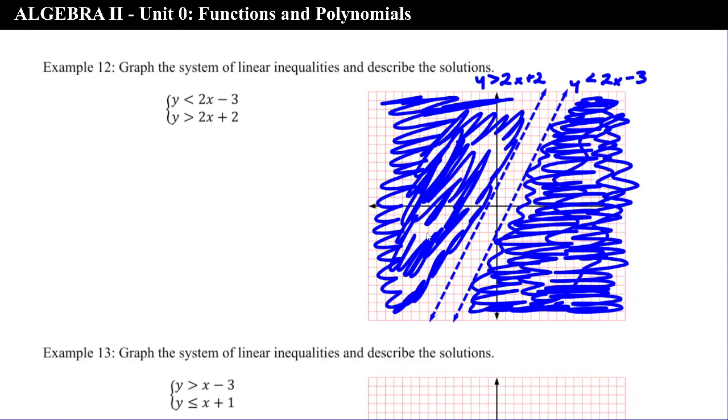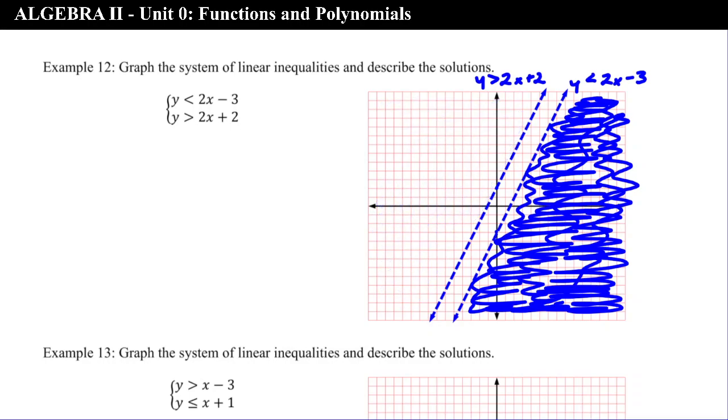Well, what area do these two graphs have in common, or what do they share? For this graph, we shaded everything that was below. For this graph, we shaded everything that was above. But the two graphs did not share a common shaded area. There was not an area that we shaded for both.